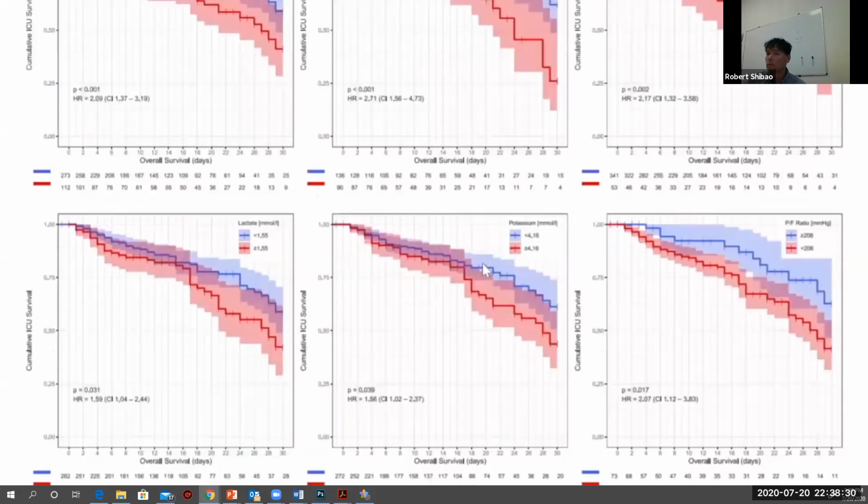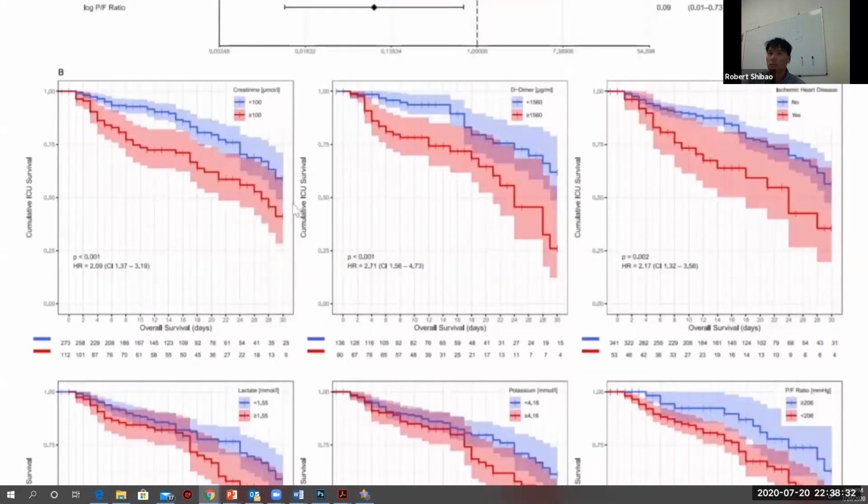If you look at these, there's a case to be made in each situation for microthrombi. If there is microthrombi in the kidney, that's going to make the creatinine worse. Obviously, if the microthrombi is potentially worse, we're going to have a higher D-dimer level. If we've got microthrombi, somebody with ischemic heart disease is not going to tolerate that as well.